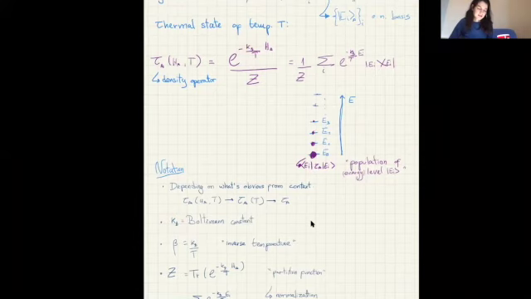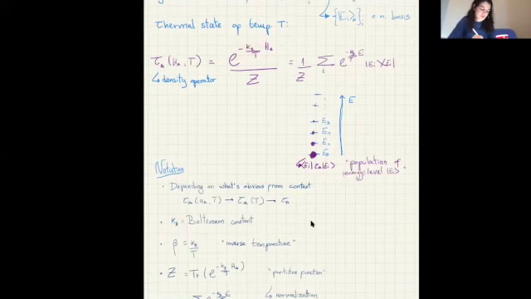Don't worry about it. It's there for historical reasons. Of course, we could always rescale what this value T is and obtain different k_Bs. But historically, this is the one that's been used.